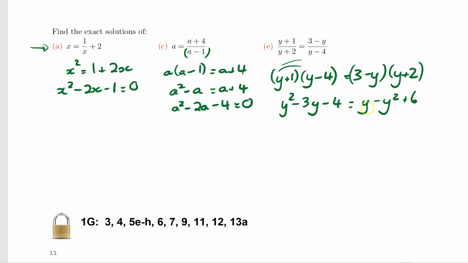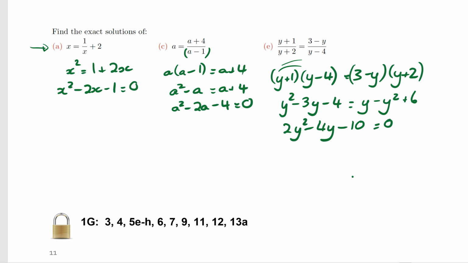Gathered together, so if I take this y squared over to this side, I'll have 2y squared. If I take this y across, I'll have minus 4y. And if I take this 6 across, I'll have minus 10 equals 0.